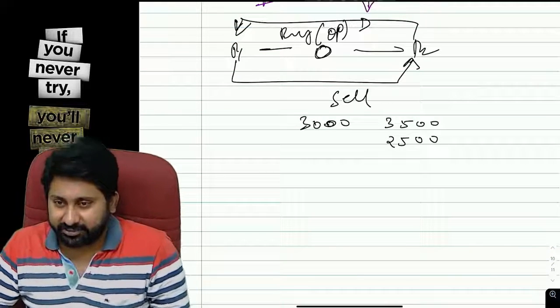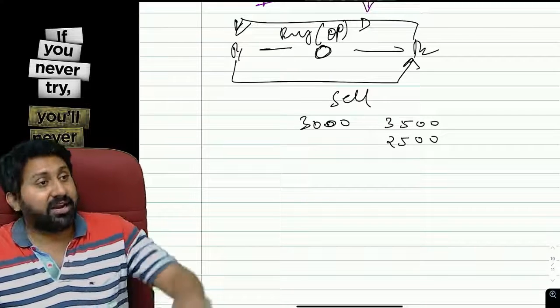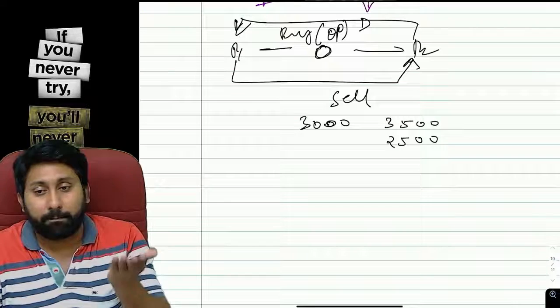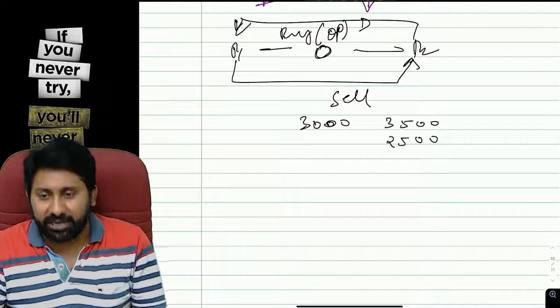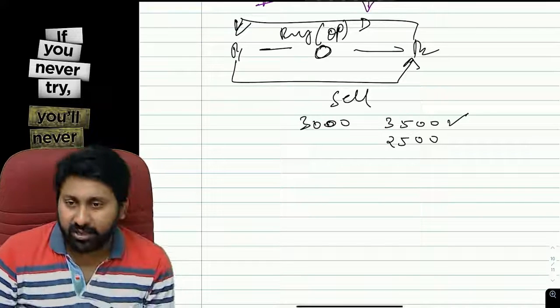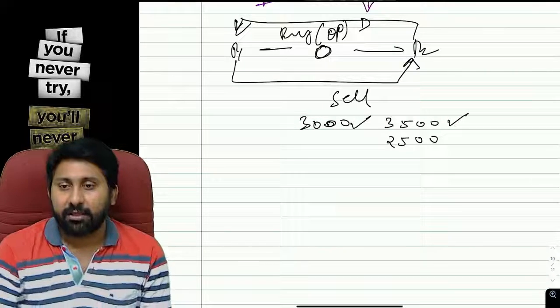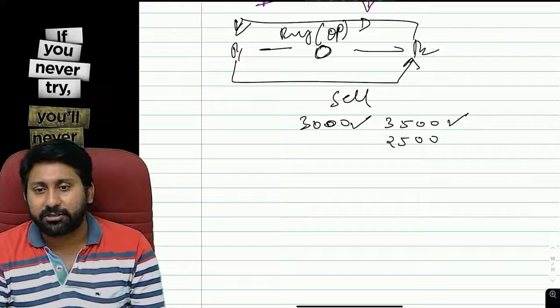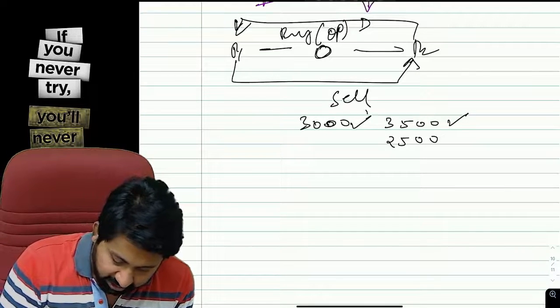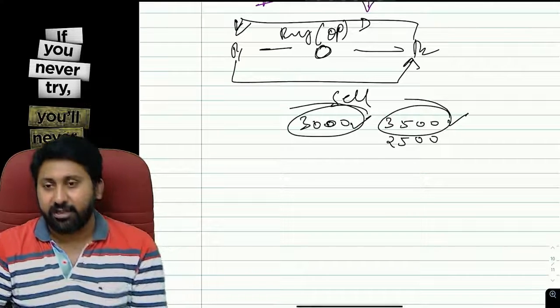Take two situations. The market share is available at 3500. I have an option to buy it at 3000. Now tell me, will I buy in the market or with party 2? I will buy with party 2.